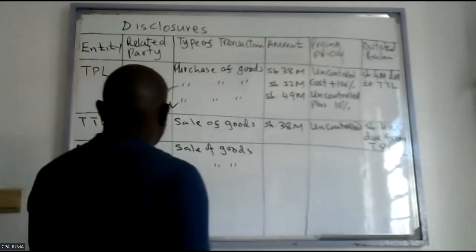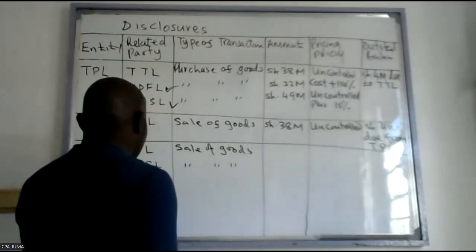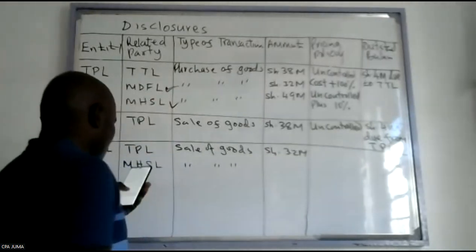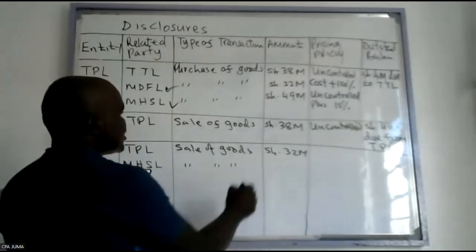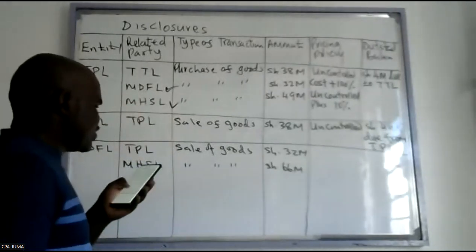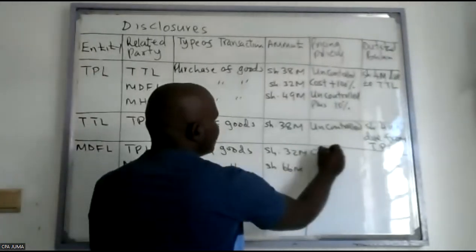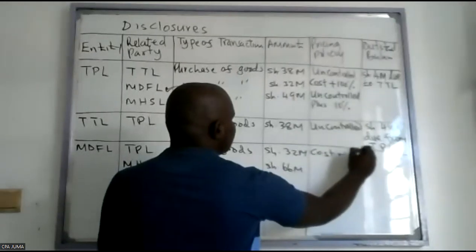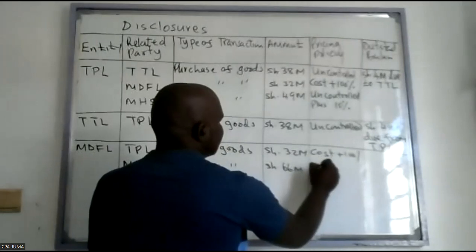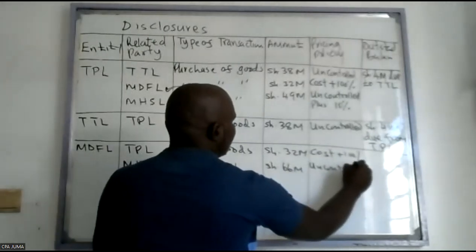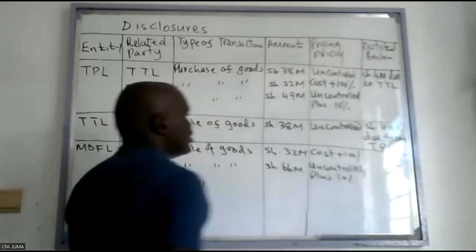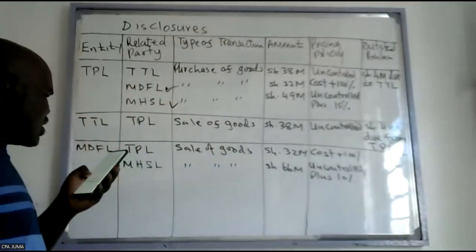Price 32 million, with MHSL 66 million. So for 32 it was cost plus 100%. For this one it is uncontrolled plus 10%.